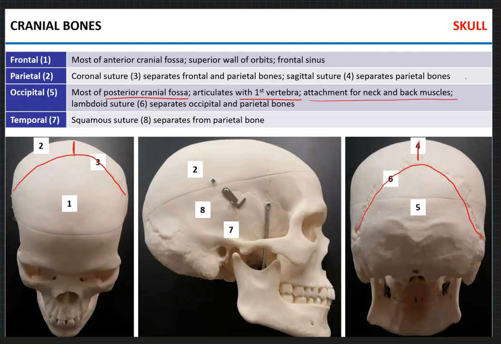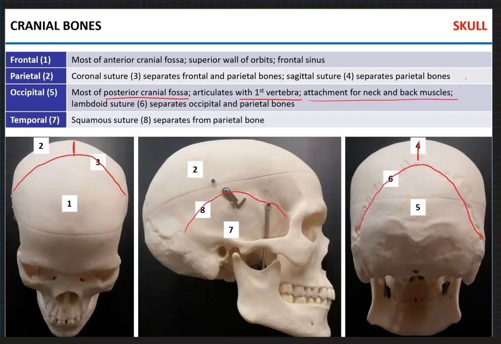Finally, the temporal bone, shown here, houses external acoustic meatus, has a couple of important processes, and is separated from the parietal bones by the squamous suture.